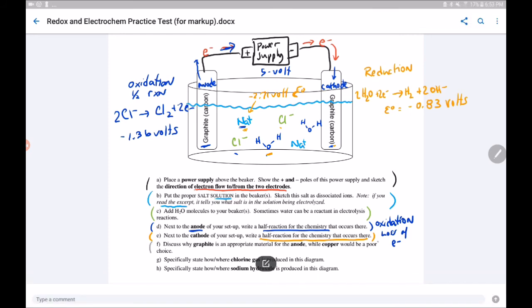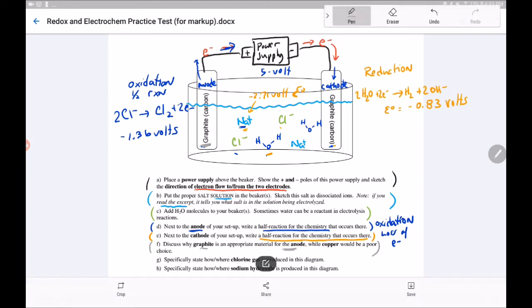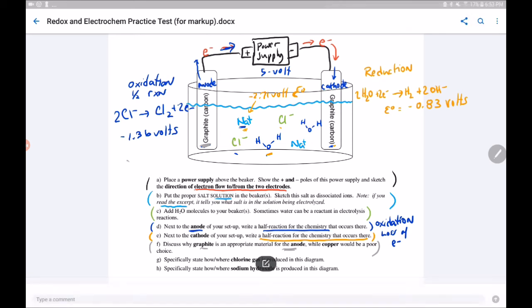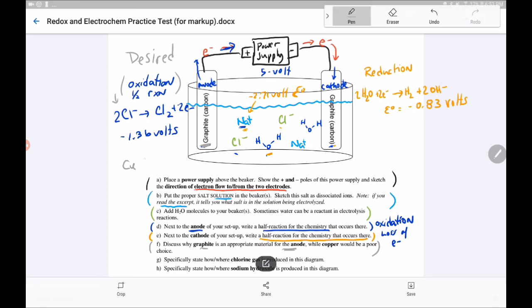F says graphite is an appropriate material for this anode. It's a graphite anode here. Why would copper be a poor choice? Because you want to oxidize chloride ion. This is the desired oxidation half reaction. The goal is to make chlorine.